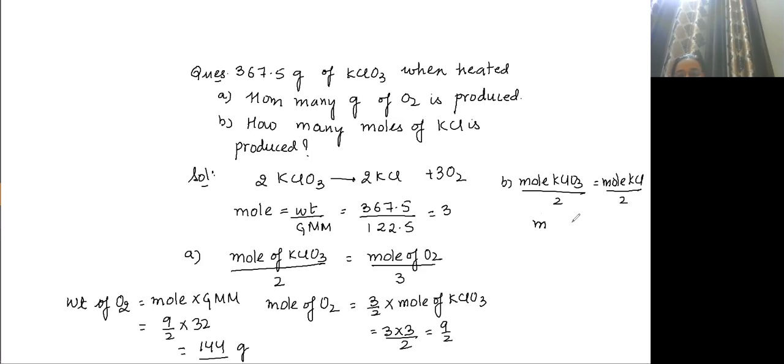So moles of KCl is equal to moles of KClO3, that is equal to 3. If this is done, let me know. Done?